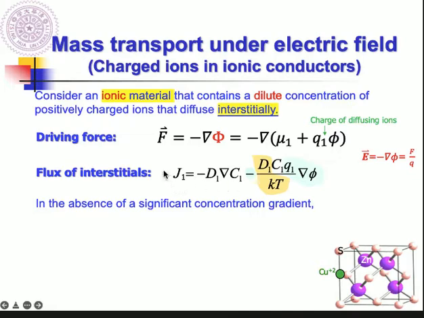So now you get the flux of copper ion expressed like this. This is how many copper ions pass through unit area in unit time, right?